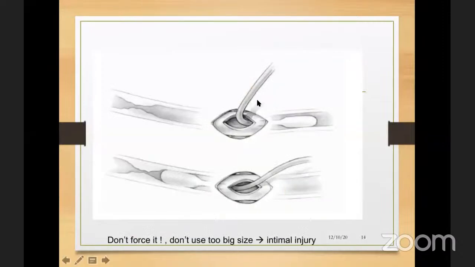To calibrate the coronary artery, a coronary probe can be used, but be careful not to force it, or not to use it. Also, don't use too big a size, which will cause intimal injury.